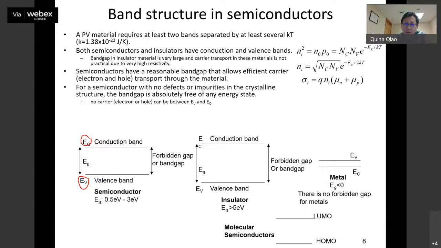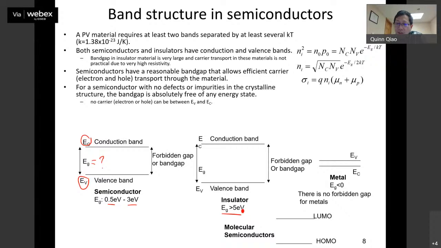And then it depends on how big the band gap is. If this EG is between 0.5 and 3 eV, you call that a semiconductor. If it's larger than 5 eV, basically you call that an insulator.